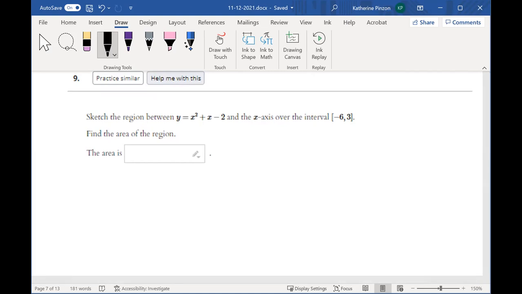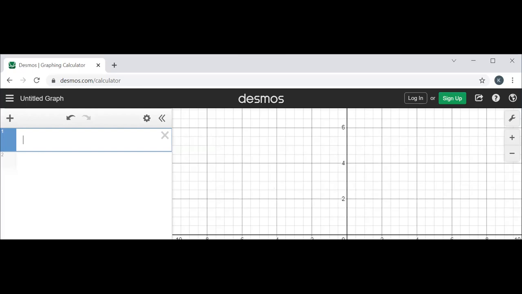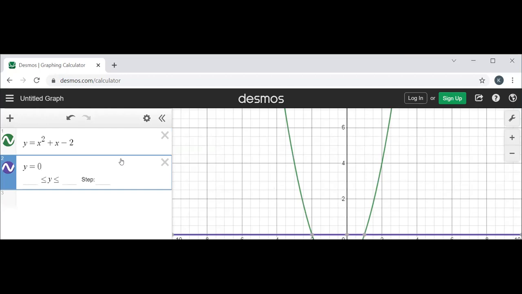Okay, let's go to Desmos. Okay, y equals x squared plus x minus 2. The x-axis, y equals 0 if you want to, and -6 to 3.